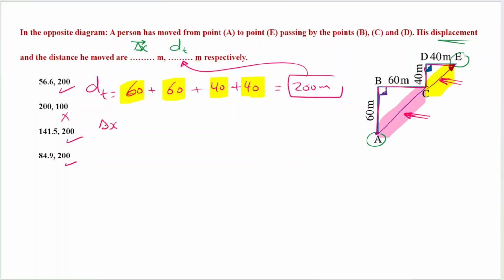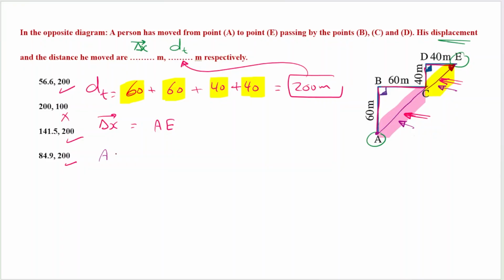So displacement is equal to the length of AE. But we need to calculate it in 3 steps. First, to find the length of AC, then to find the length of CE, then we will add them together to find the total length of AE, which represents the displacement.